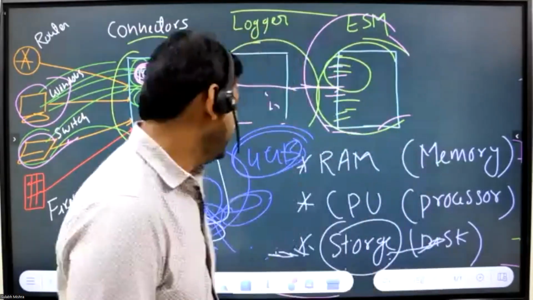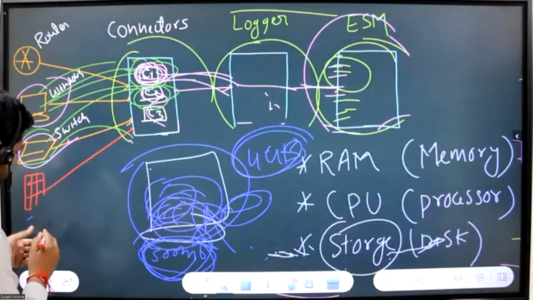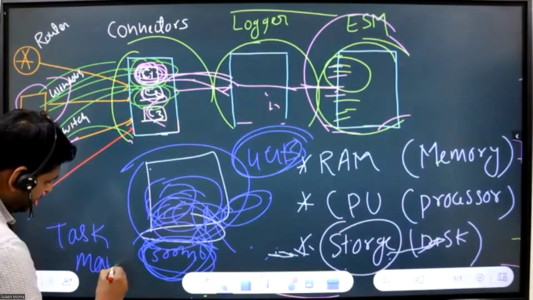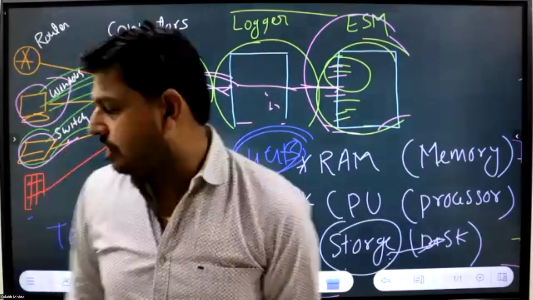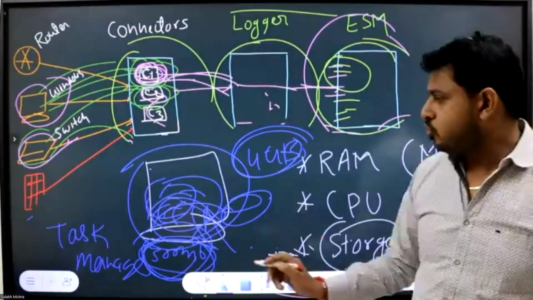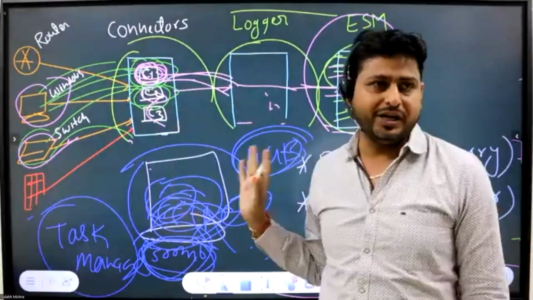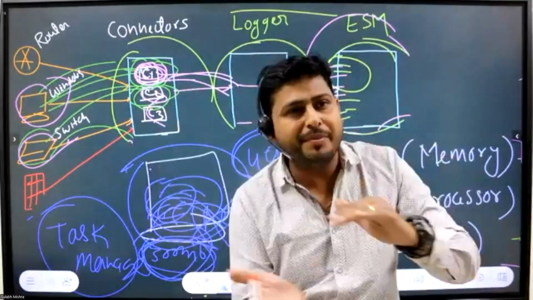There is an option called Task Manager. If you are aware, we call it Task Manager. On the taskbar, below, you can right click and choose the Task Manager option. You open the Task Manager and see your memory utilization, CPU utilization, and disk utilization. Click on memory utilization and check which application is eating more memory.